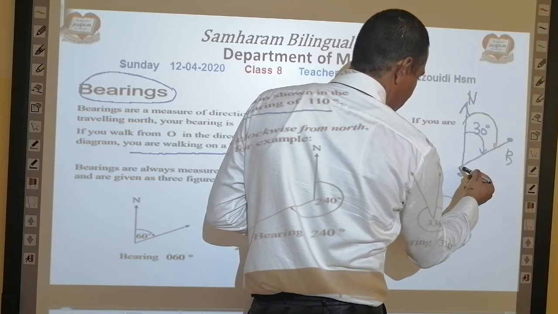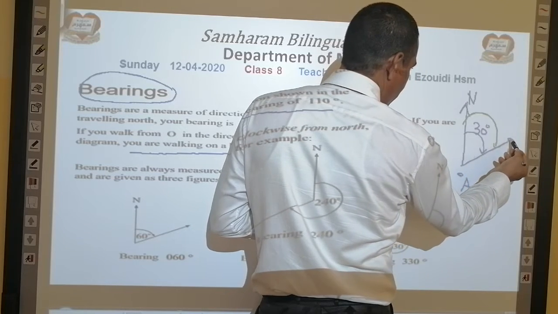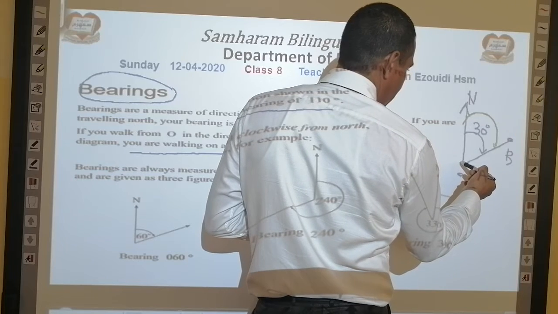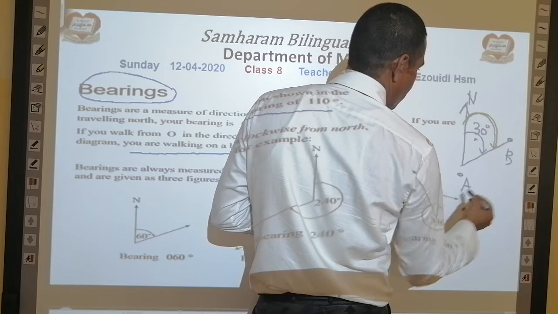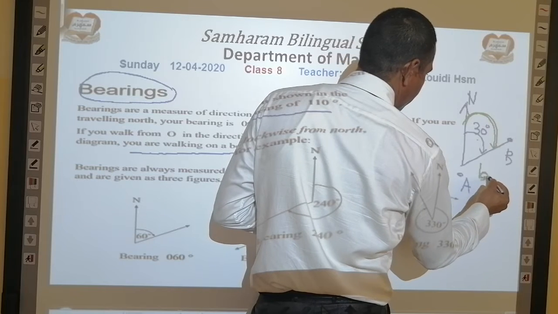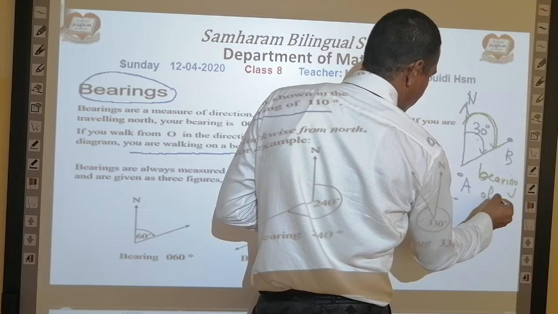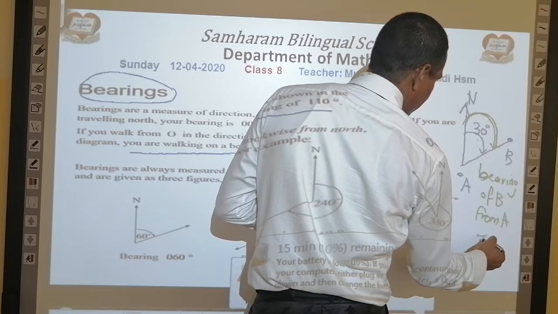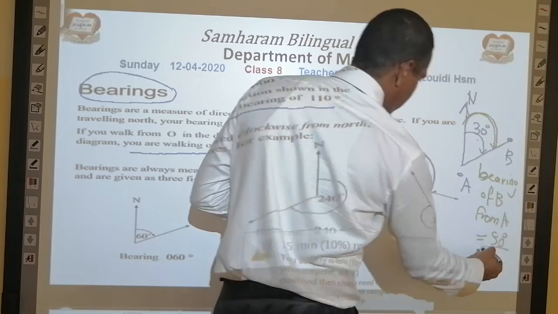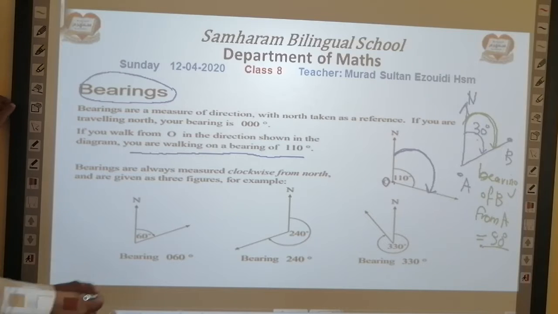The bearing of B from A is what, my kids? It is 30 degrees.